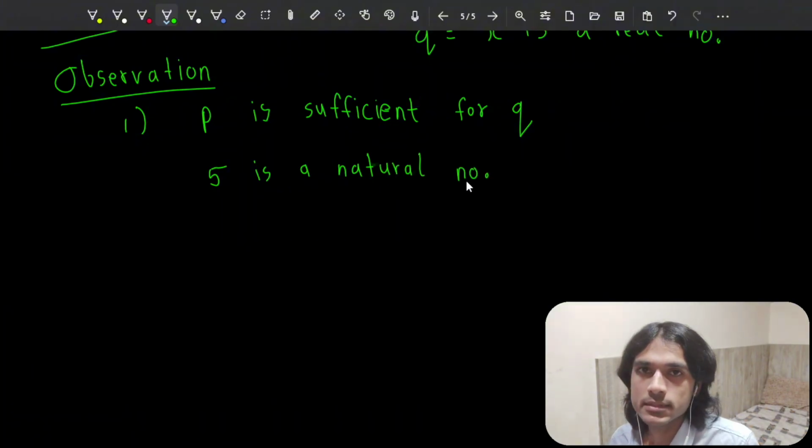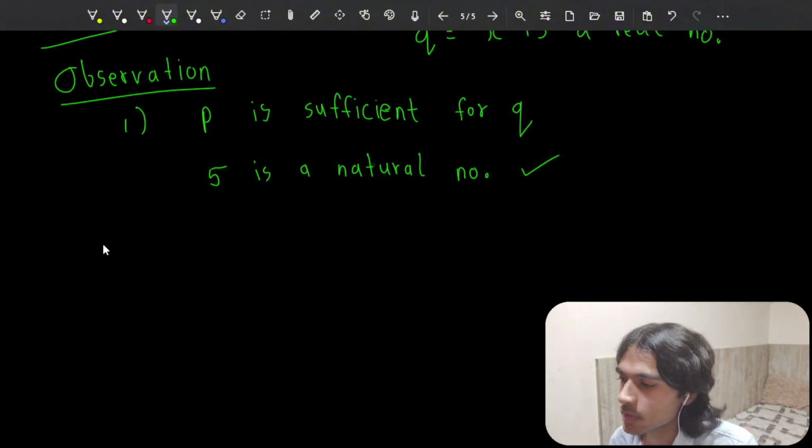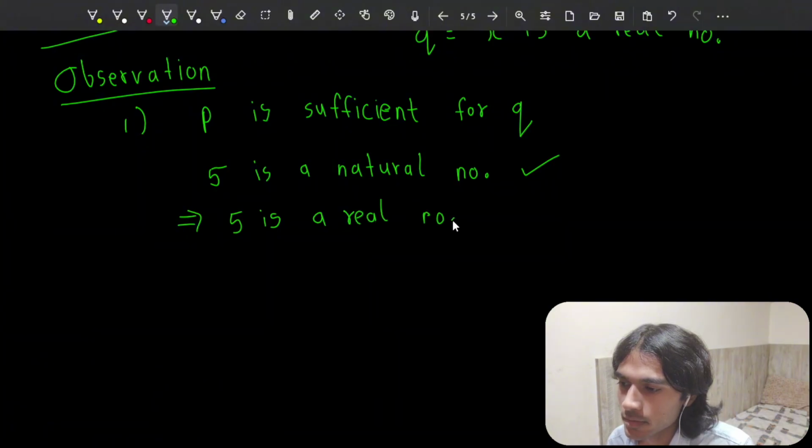Comparing this with P, 5 is a natural number is a correct statement, right? And because it is already given that if P is true then Q should be true, this statement should imply that 5 is a real number, right?